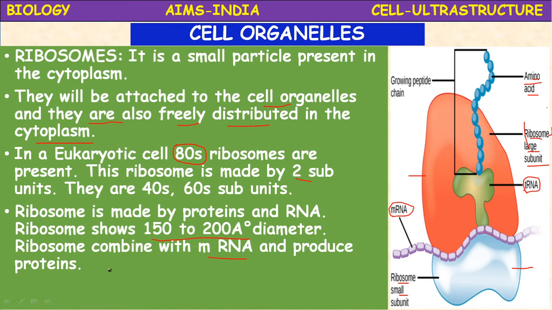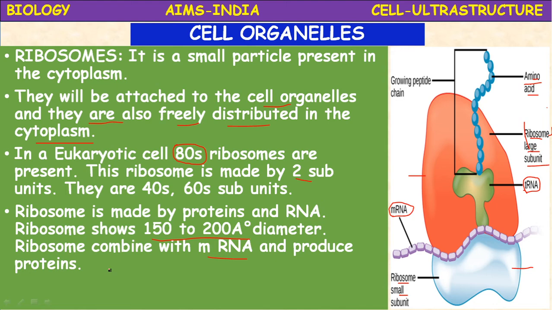So the ribosome is made of proteins and RNA, shows 150 to 200 angstroms diameter, and combines with mRNA to produce proteins.